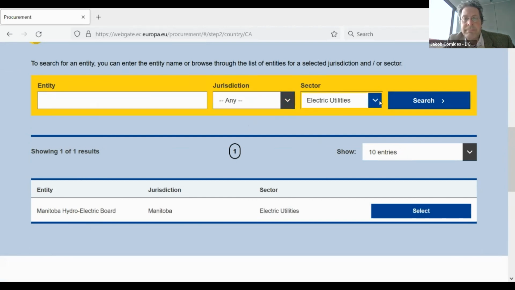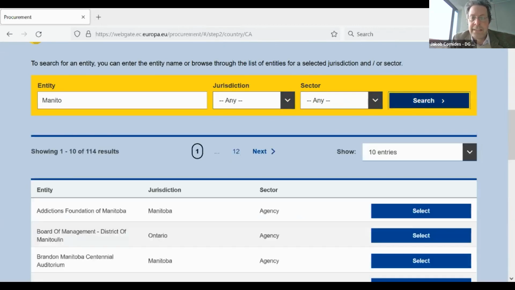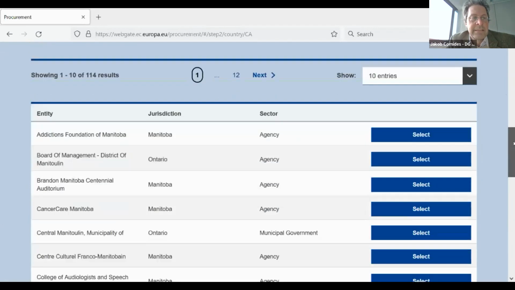You can use those search helps separately and independently, but you could also type in part of the name and search, and this gives you a list of relevant entities.